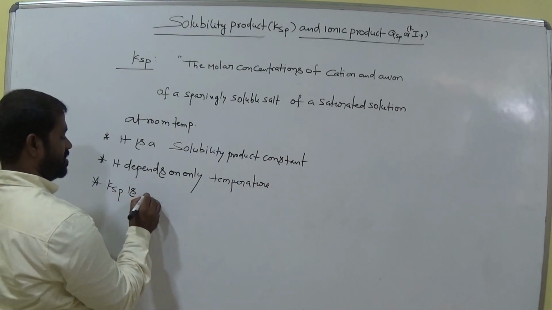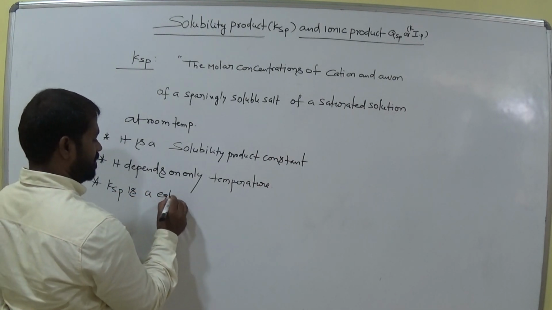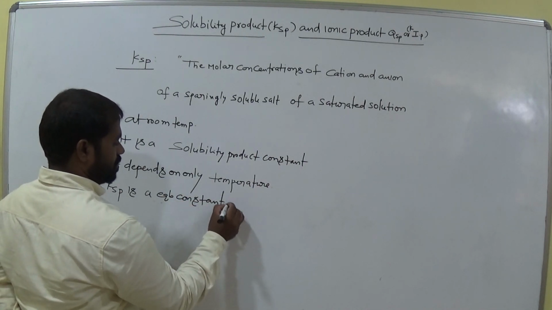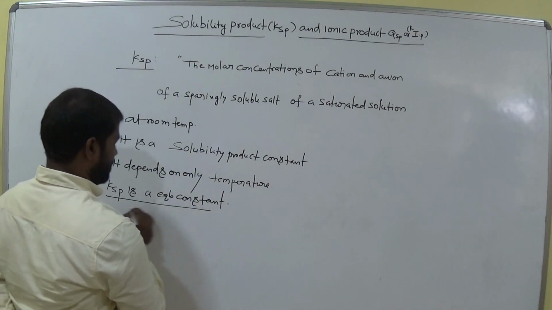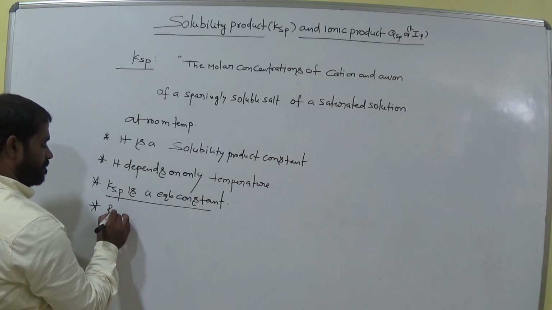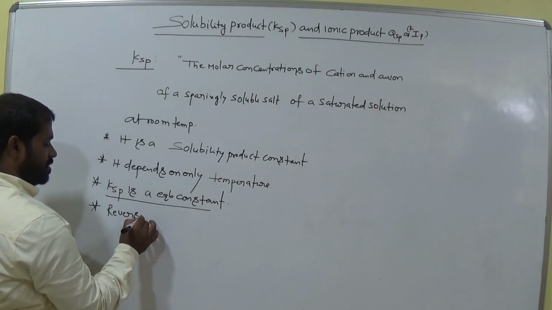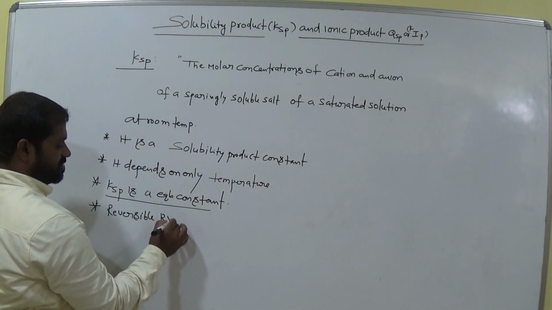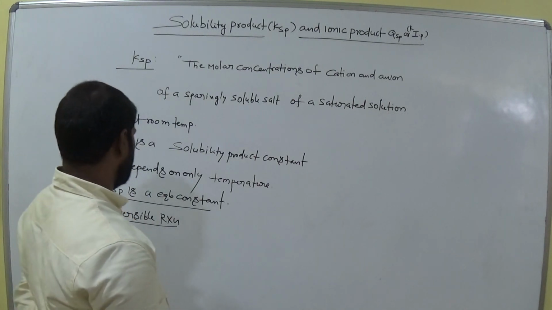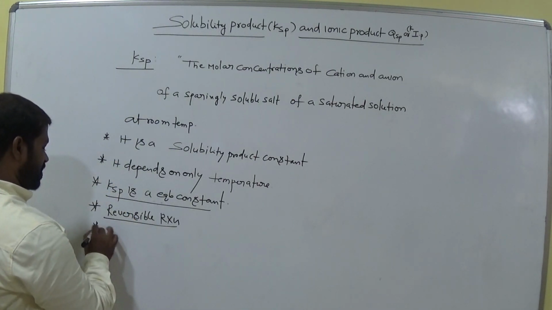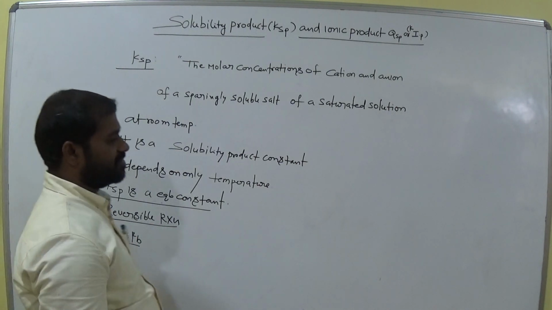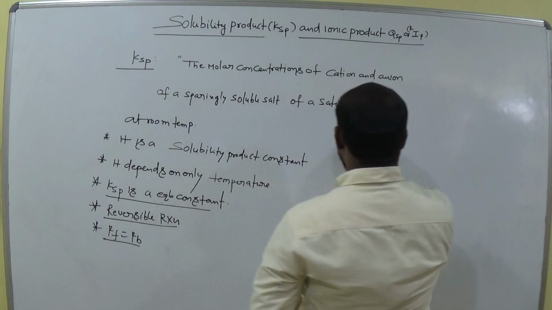KSP is an equilibrium constant. Equilibrium constant means reversible reaction. That means the rate of forward reaction is equal to the rate of backward reaction.